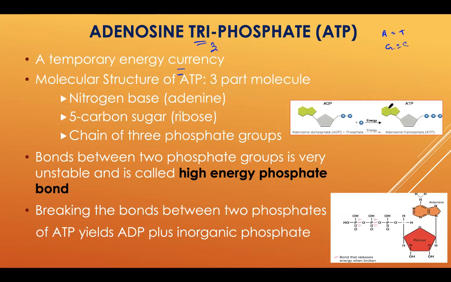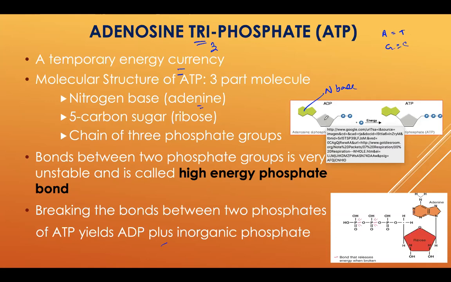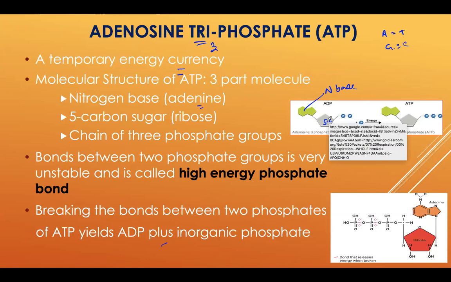That's the nitrogenous base, and that's the adenine structure. And this is a 5 carbon sugar. So inside one ATP, there are 3 phosphate groups, one 5 carbon sugar, and one adenine nitrogenous base.